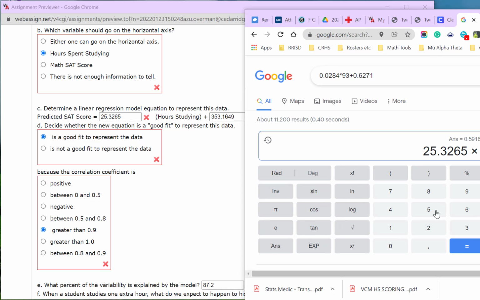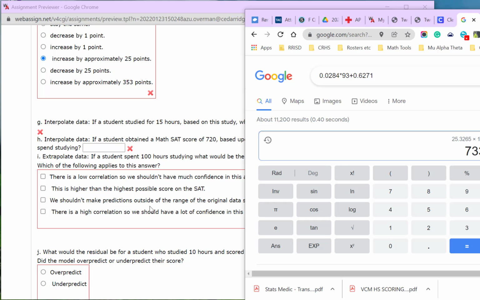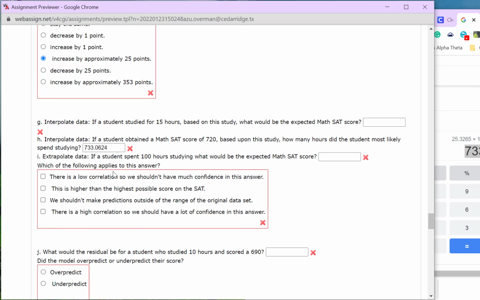So if you study no hours, you should get about a 353. All right. I don't think I need this many decimals, but it doesn't hurt. So I'm going to take that 733 point. Honestly, 733 is probably a good enough answer. That's pretty darn precise, probably more precise than reasonable. If they spent 100 hours, oh, that was in the wrong blank, 15 hours, there we go.